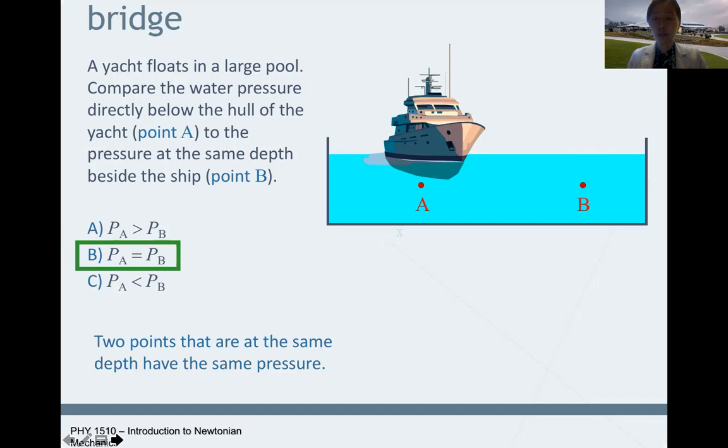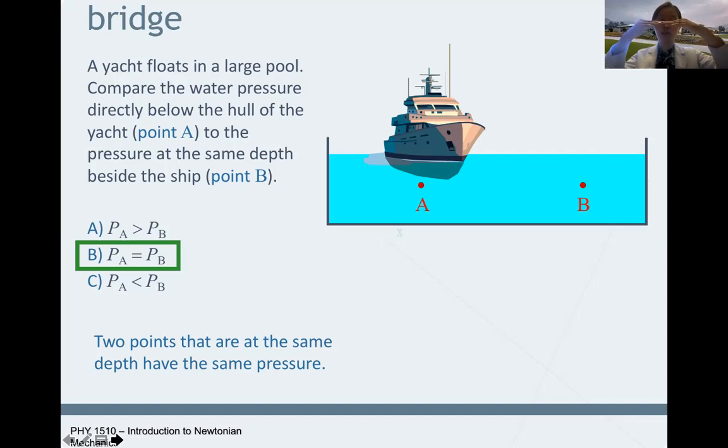So does the weight of the boat affect anything? Well, it simply does. Now imagine you have these two points and you don't have the boat, okay? They have the same pressure. And then you add the boat. What is the consequence of adding the boat? Because of the boat, it causes the water level to rise at all places.